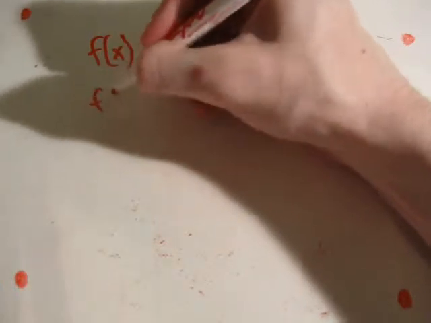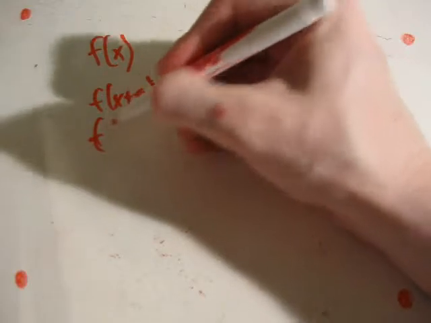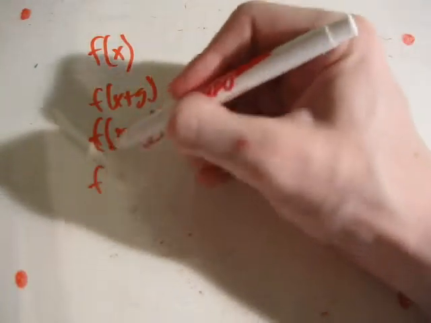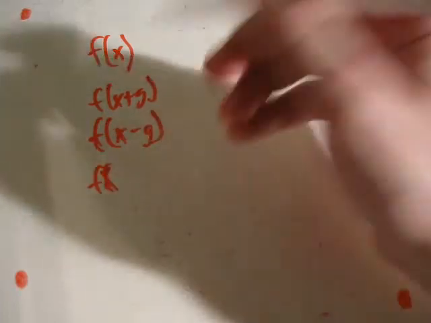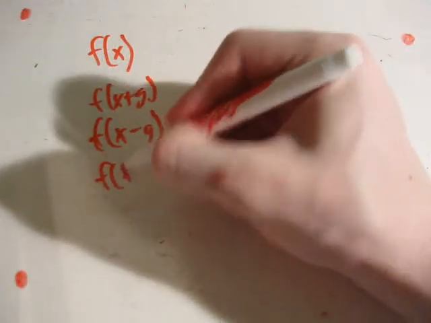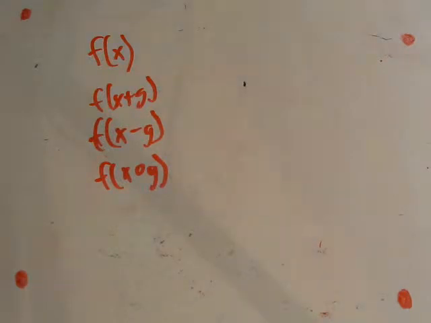Well, if you've got f of x, you can have f of x plus g, f of x minus g, then you've got f of x composition of g and x.